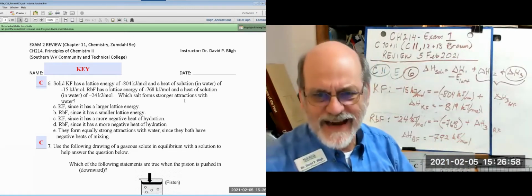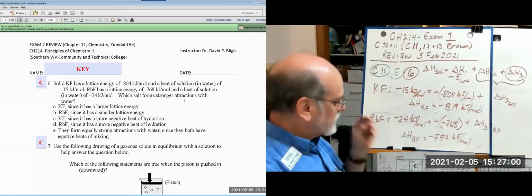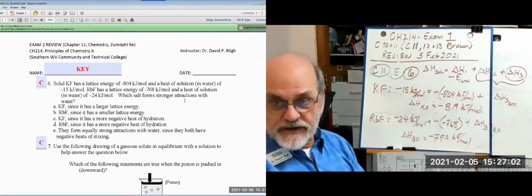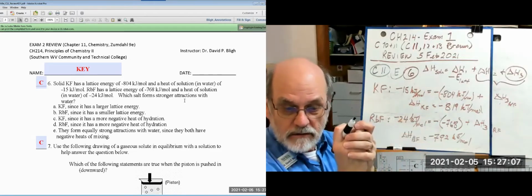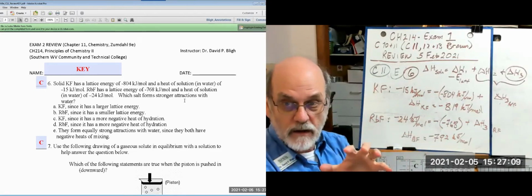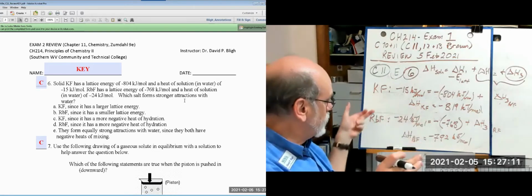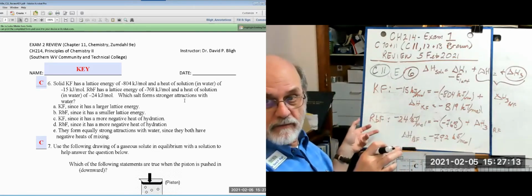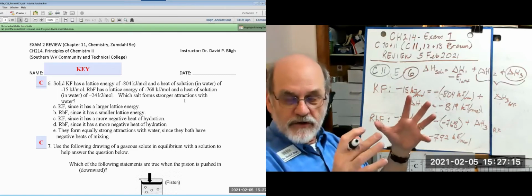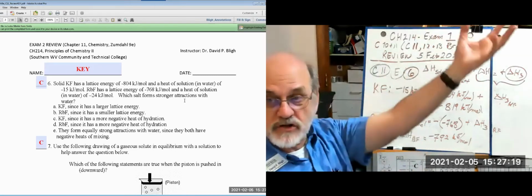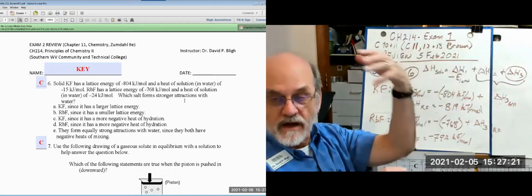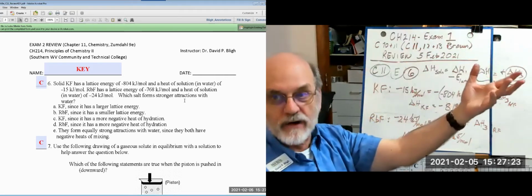Right, so how does that answer the question? Relative to the system, as these things come together, the water and the KF, or the water and the rubidium fluoride, the stronger the attraction, the more energy is released, which means the negative number is greater.